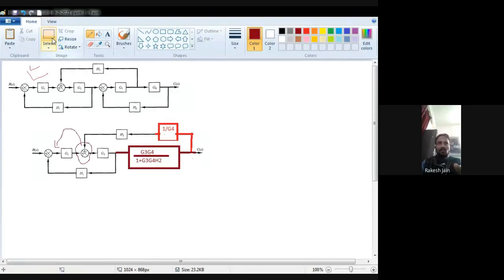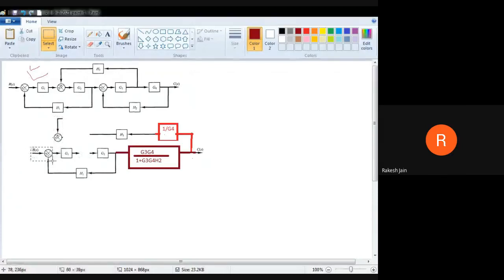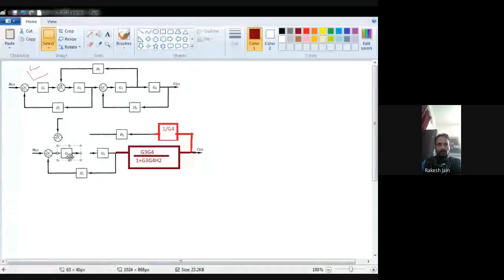Okay, now see, the question is now to simplify a little bit. Now see, at the left hand side we will solve. So we know that we can move the pick off point, and also we can move the summing junction before a block or after a block.